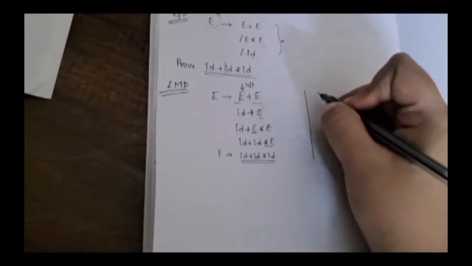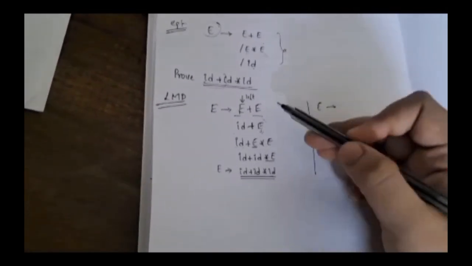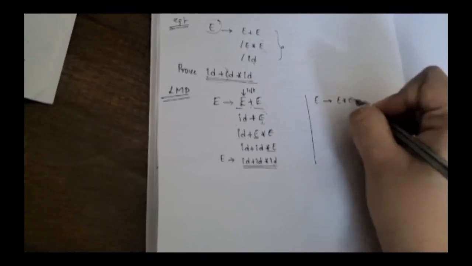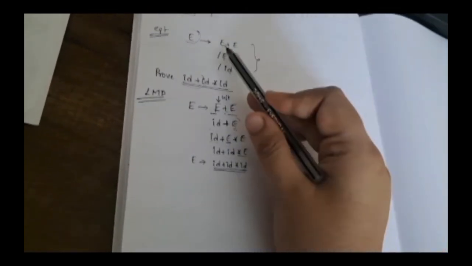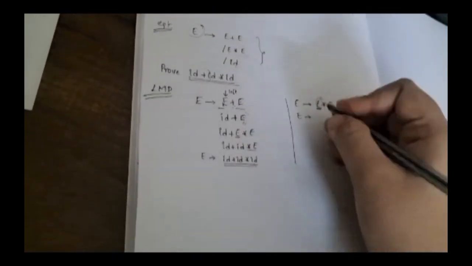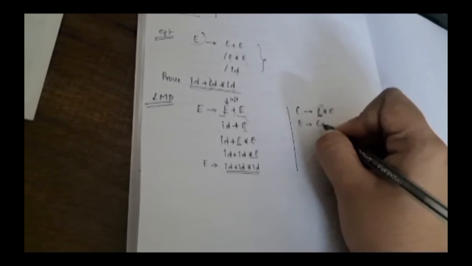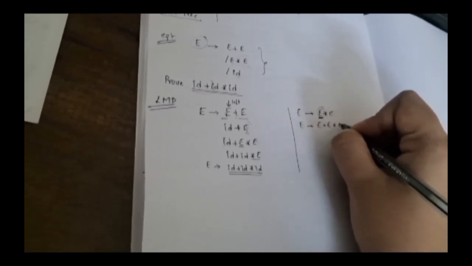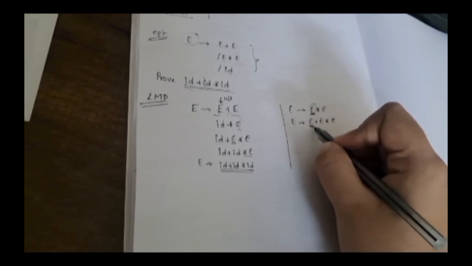Also, we can do it one more way. E implies, instead of addition, I can also take the multiplication one. So here, again, I should derive this symbol. In place of E, let me take E plus E. So I'll write E plus E star E. Now again I have to substitute the left one first.